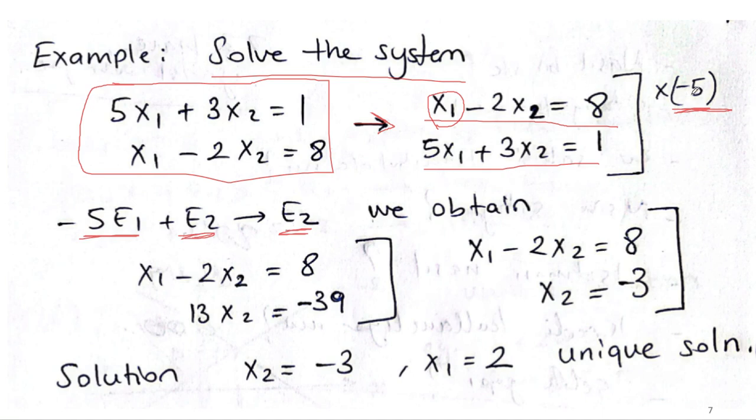We get -5x1 plus 5x1, so these two terms cancel each other. So you have 10x2 plus 3x2, that's going to give us 13x2 here. And then here, -40 plus 1, you get -39 as the new updated second equation.